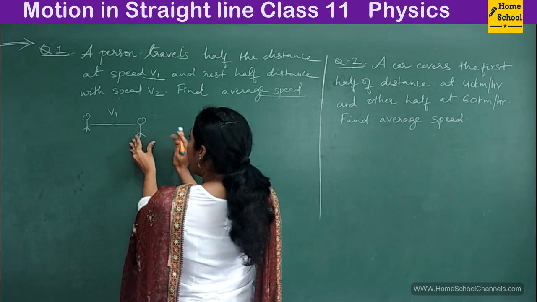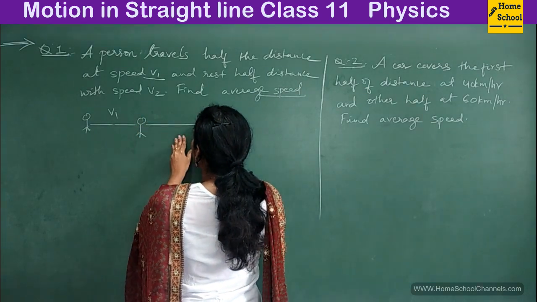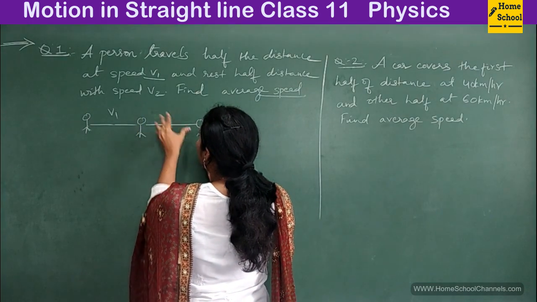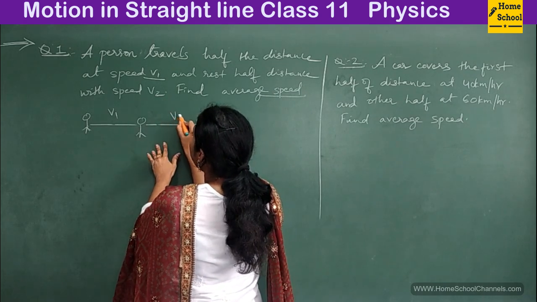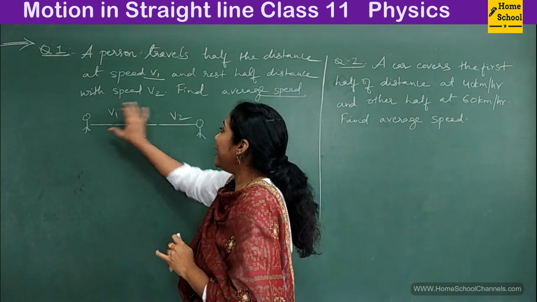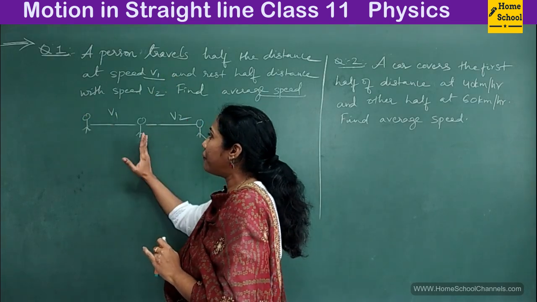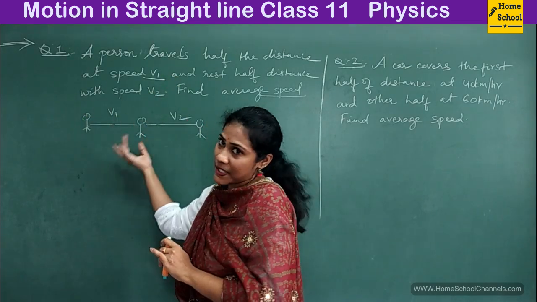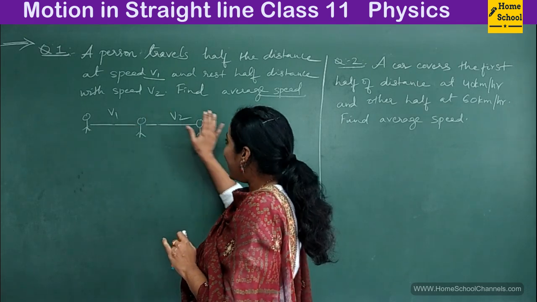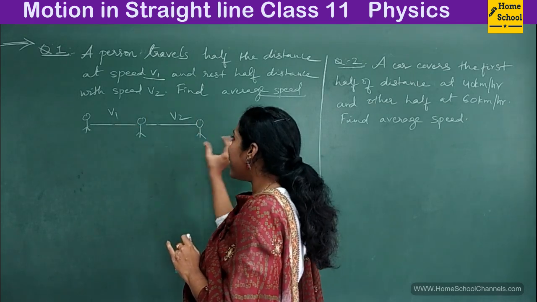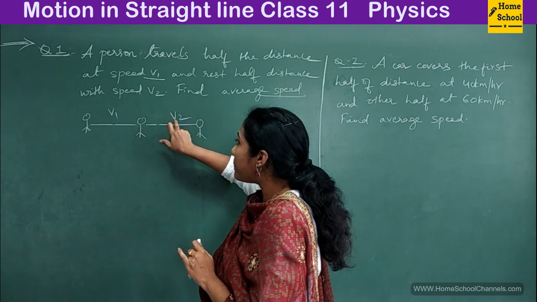And again from here he completed his journey. He reached his final point with a speed v2. You see, the speed is not the same. With some speed, the person traveled half the distance. Again he changed his speed, right? And the remaining half the distance he has covered with the speed v2.